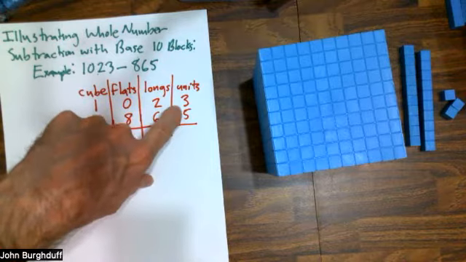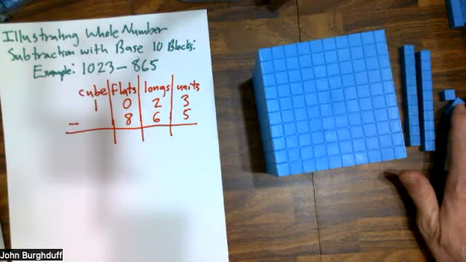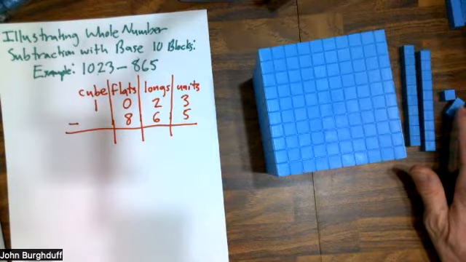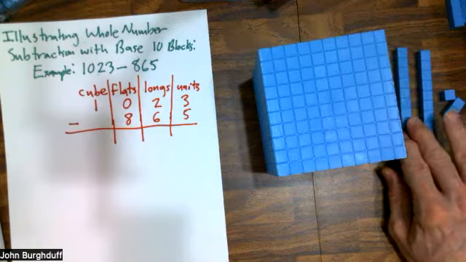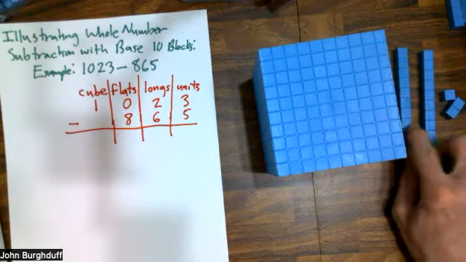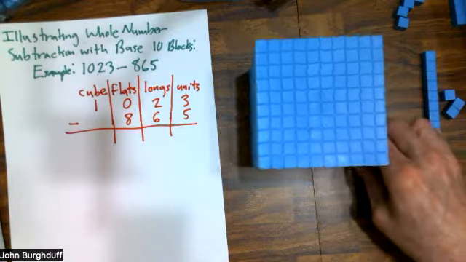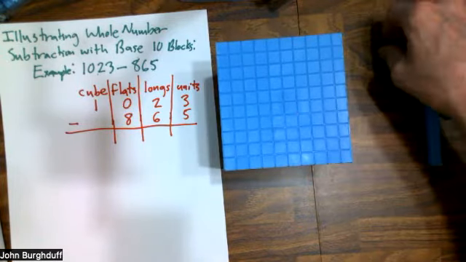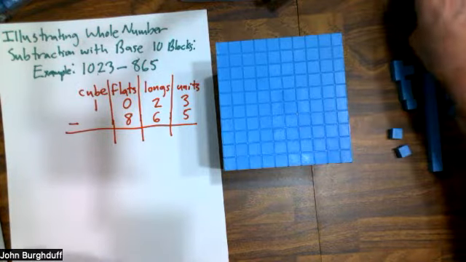The first column is telling me that I want to start with my 3 units and take away 5 units. But I don't have 5 units. So what I will do, much like before, is I'll take one of my longs, trade it out for 10 units. Let's put a whole bunch of units out here.